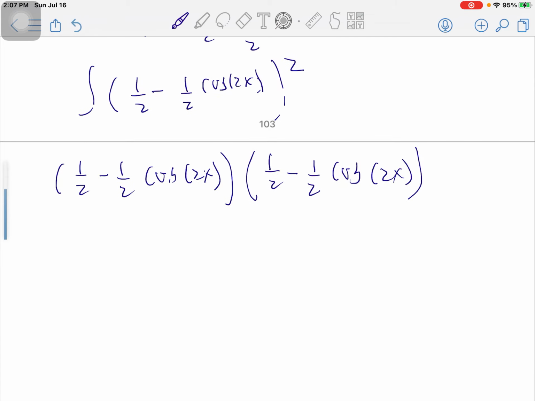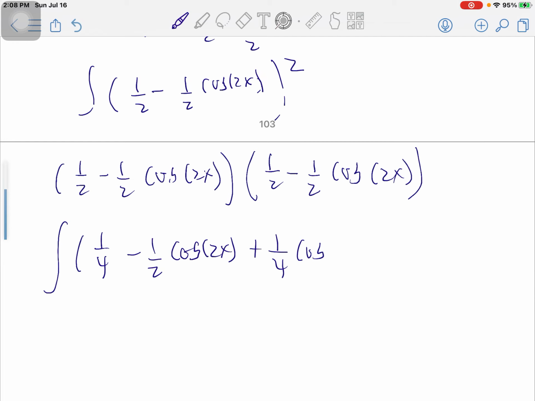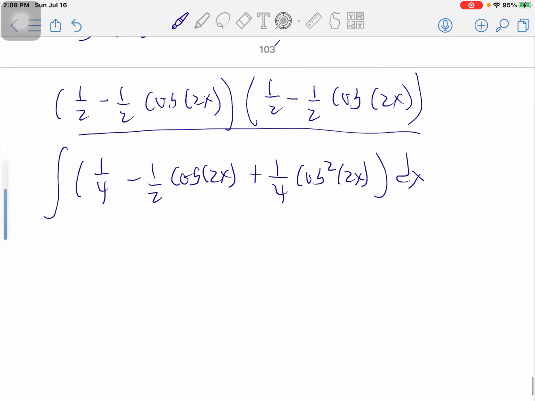You can expand it. When you expand it, at the end of the day you are supposed to get the integral of, in brackets, 1 over 4 minus 1 over 2 cos 2x plus 1 over 4 cos squared 2x, and all dx. Remember, we expanded this and we got that.